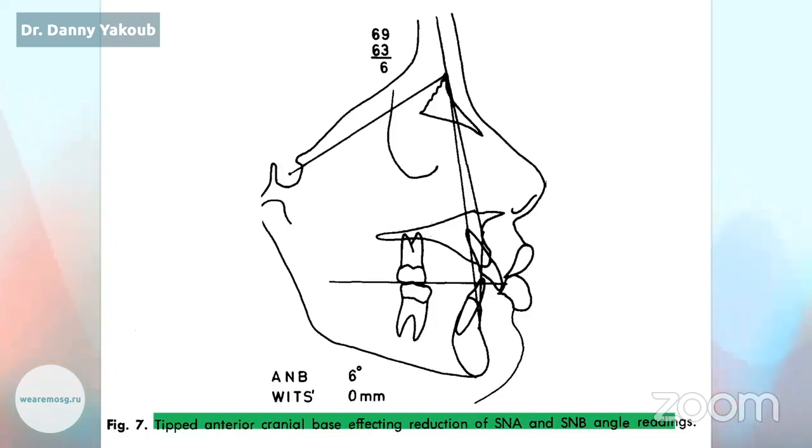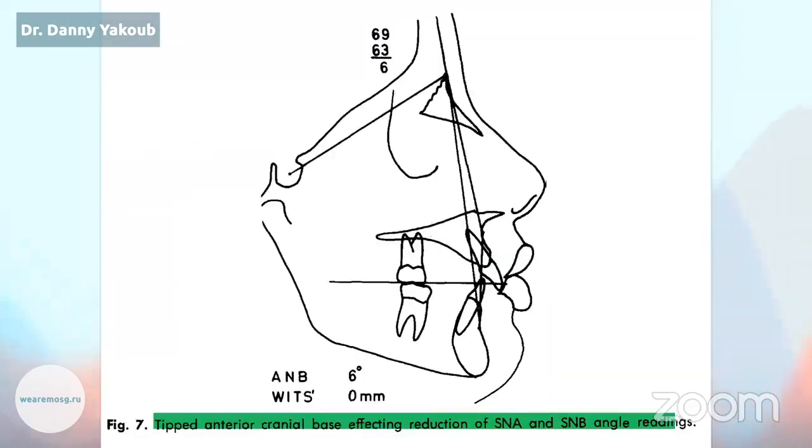This will reduce the SNA and the SNB, which will show you a retroposition of the maxilla and a retroposition of the mandible. But this may not be correct because we have the tipping of the SN plane. So this tipping will affect the SNA and SNB angles and give you a false reading.